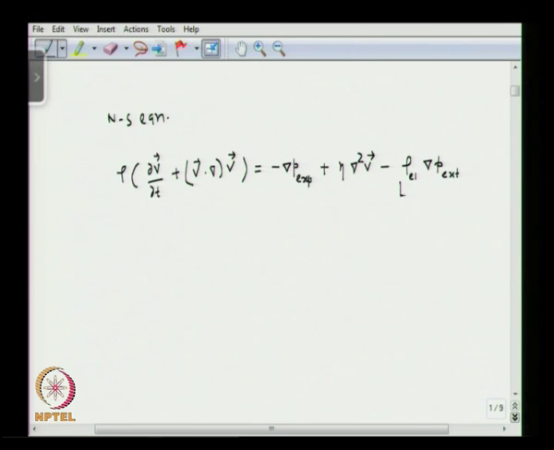Okay. So this is the electrical body force term.